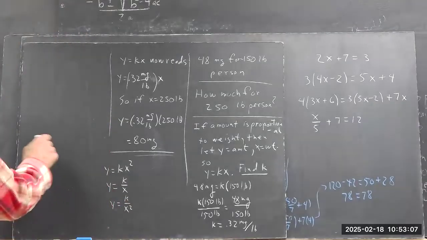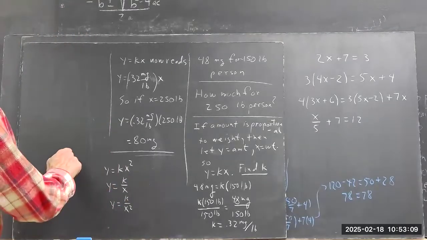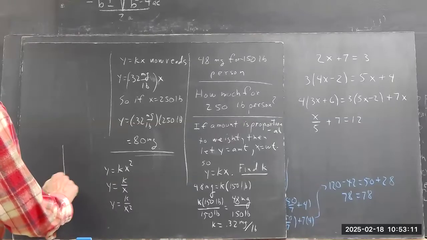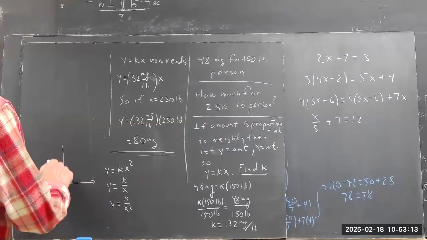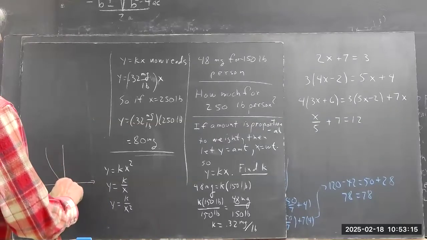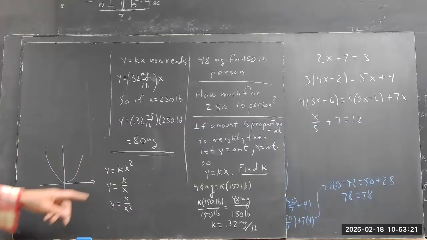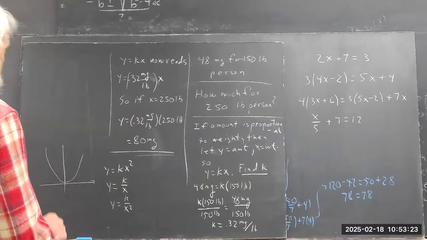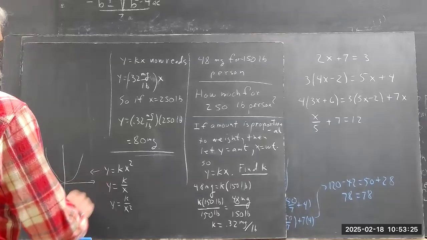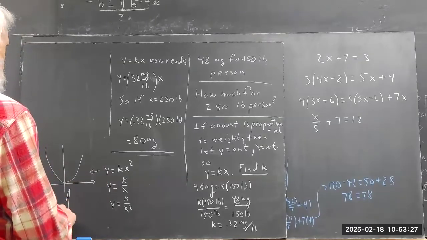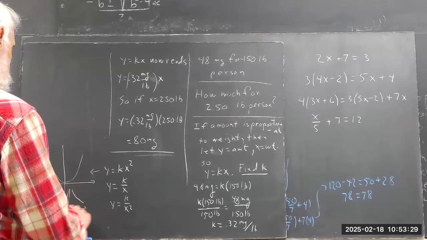Well, guess what? Y equals kx squared. That's your squaring rate. With y equals k over x, do the same.